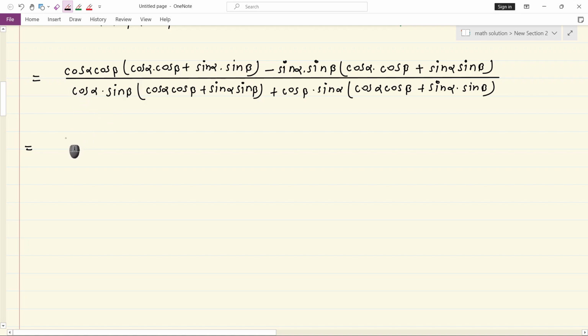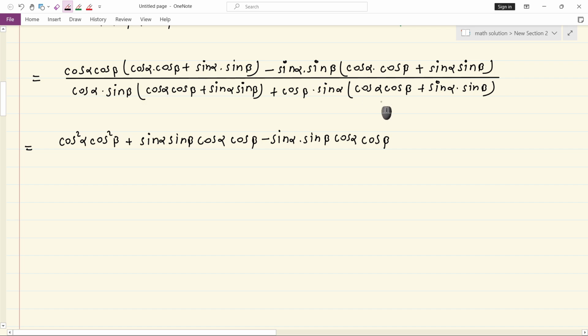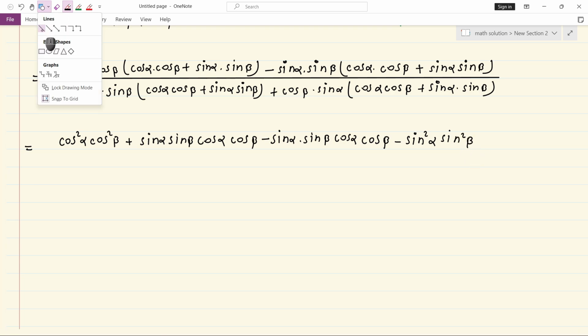What we get in the numerator is cos square alpha cos square beta plus sin alpha sin beta cos alpha cos beta, similarly minus sin alpha sin beta cos alpha cos beta, and multiplying with this term, minus sin square alpha sin square beta. Now give the fraction.